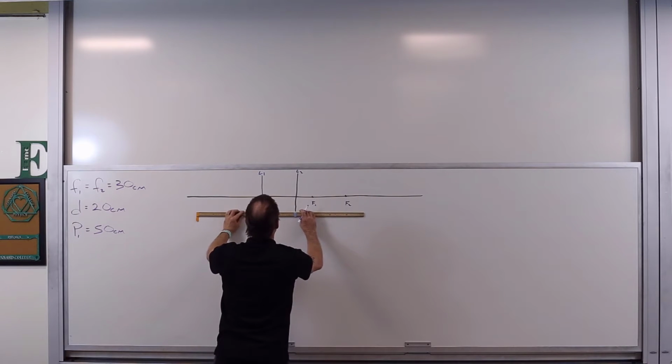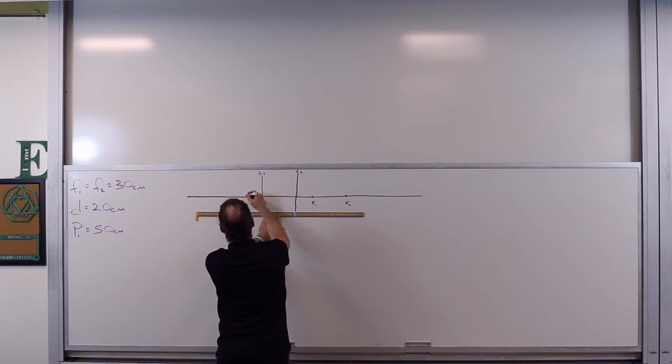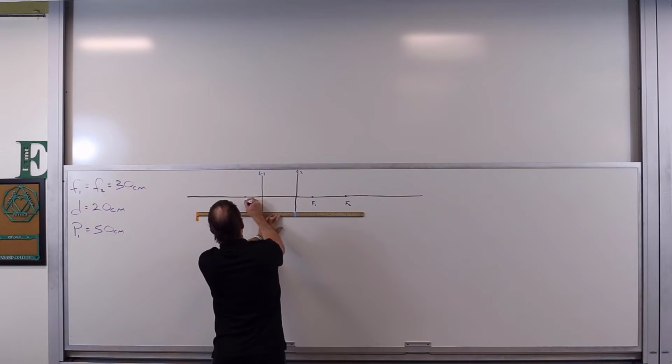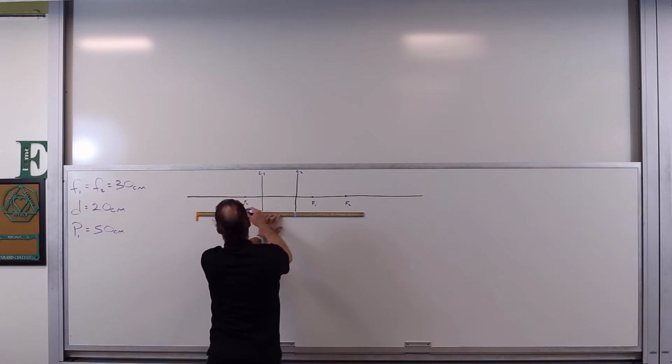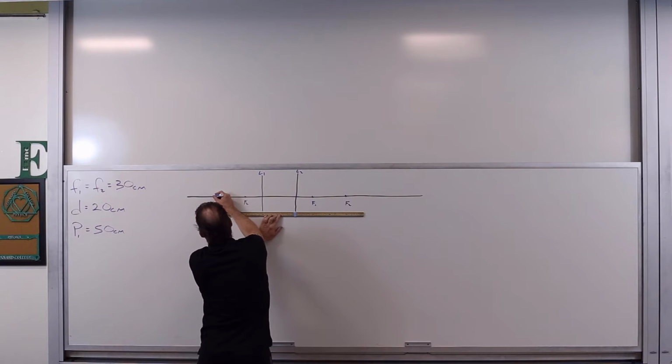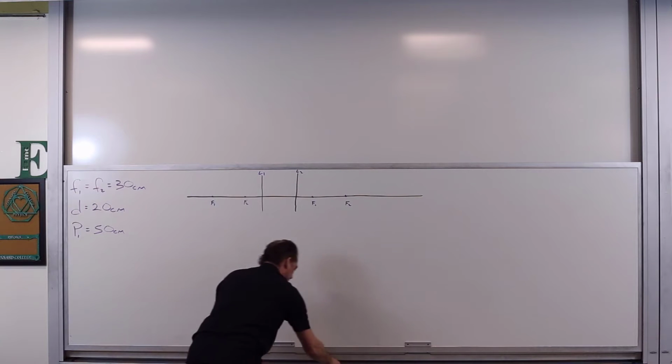On this side we've got 10, 20, 30, here is f2 on this side. And then on this side, f1, 10, 20, 30 is about over here. And that's what we've got going on.